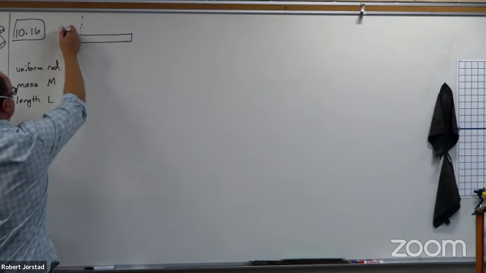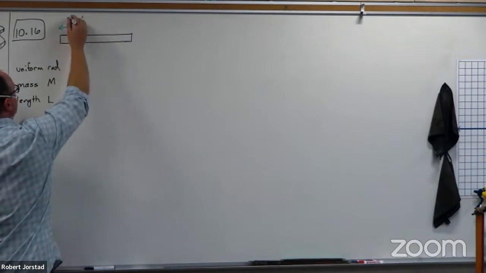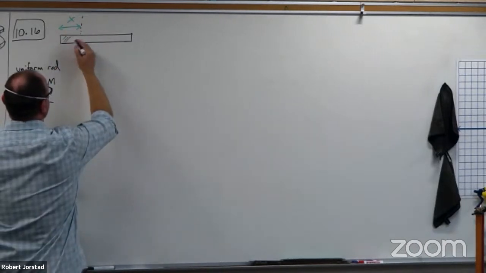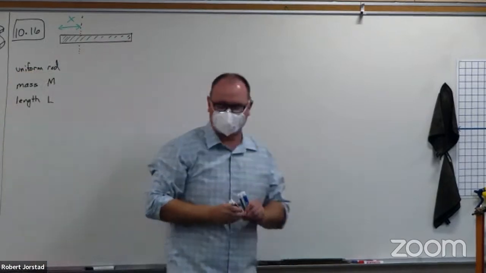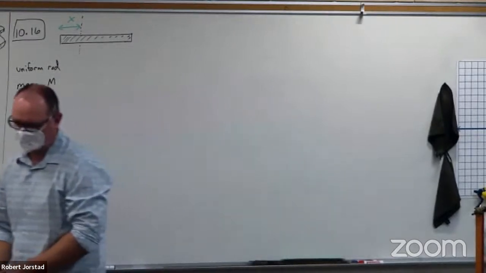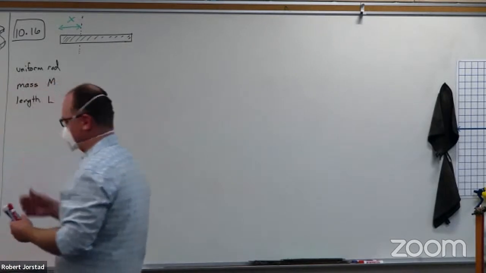I'm told that this distance here is x. Right? What if you want to rotate this rod about some point that's not at the end? This is a very common application. Okay. Figure out the moment of inertia.